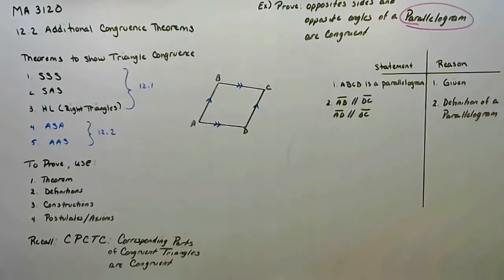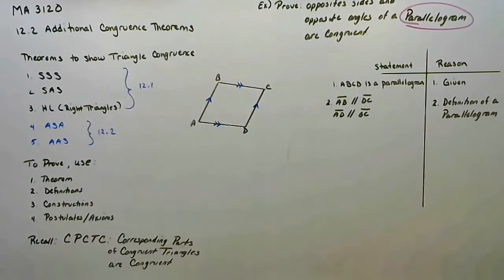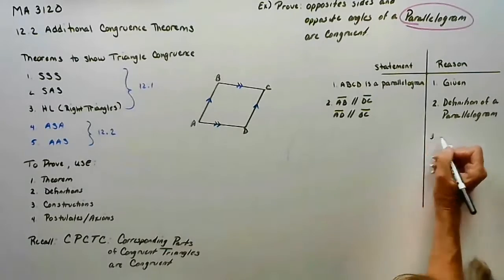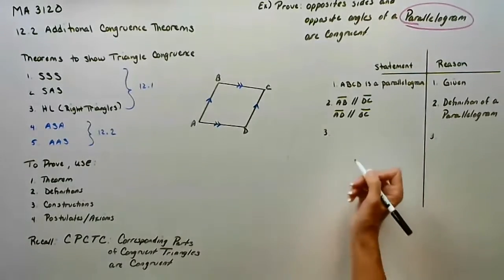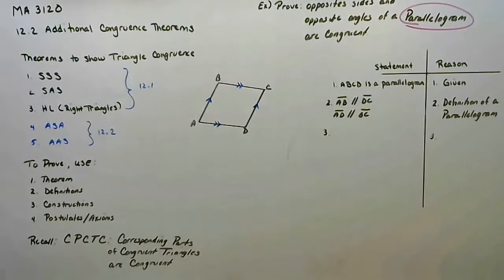Remember, we're trying to prove that the angles are congruent. We're trying to prove that the sides are congruent. So now, what I'm going to do is a construction, okay? I'm going to put a construction in and help you. And for now, I'm going to give you the parts and pieces. I am going to construct a diagonal.